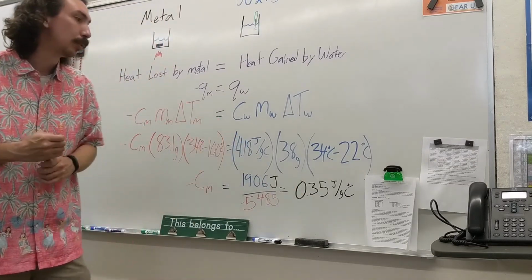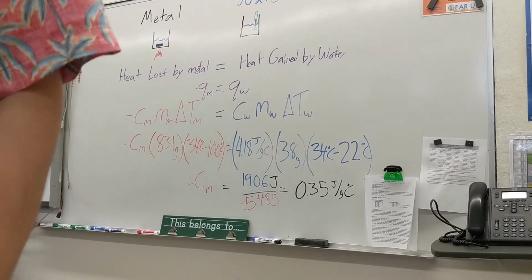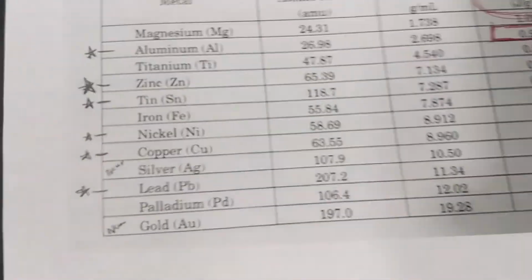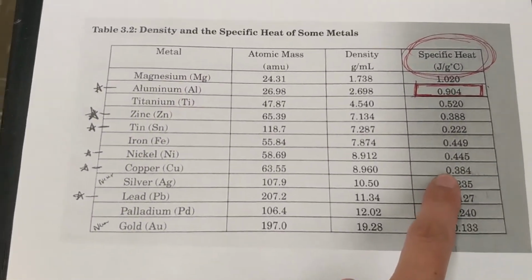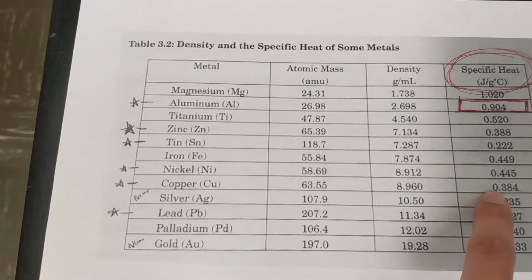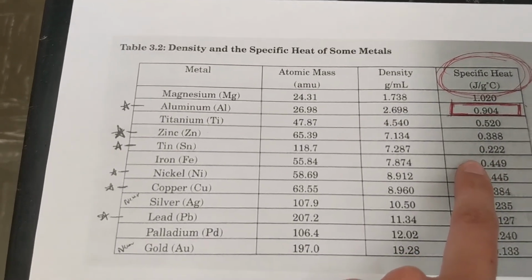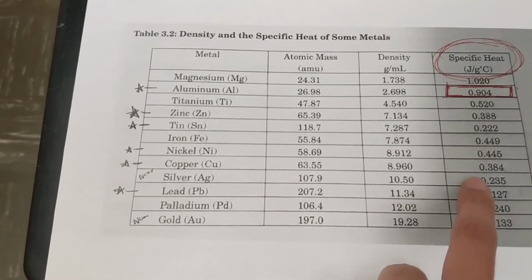And again, we could take a look at a table, just like this one. And the closest is copper. I can tell you it's not copper right now because of the color, but other ones that are pretty close could be iron, could be nickel. I'm not rich enough for it to be silver.